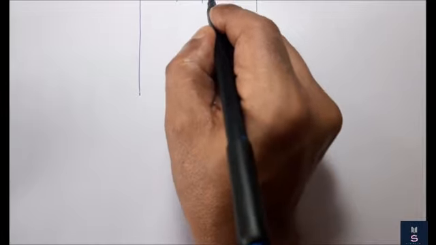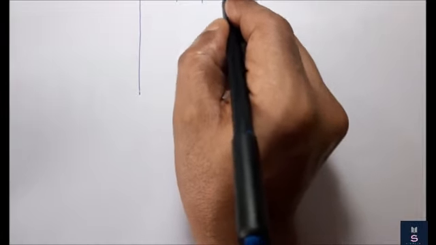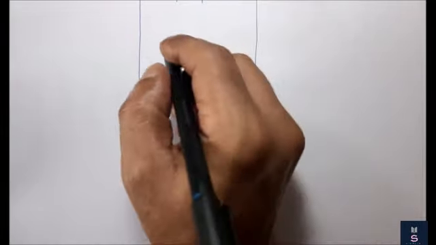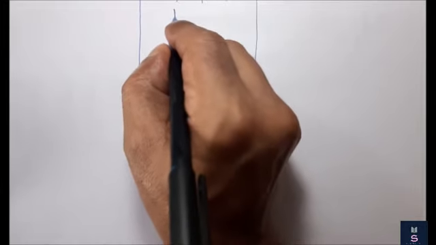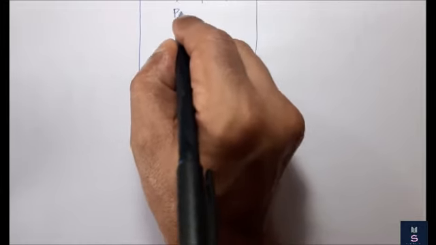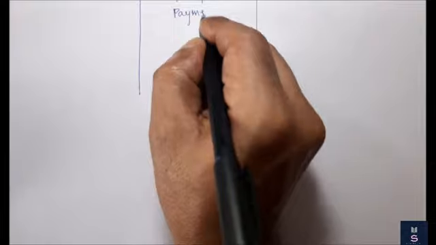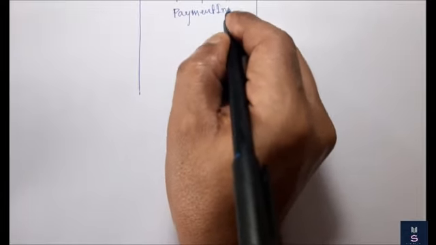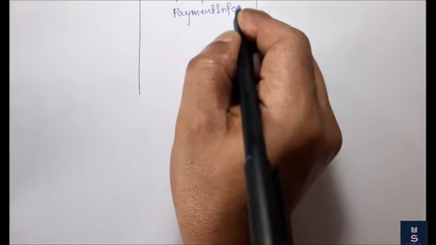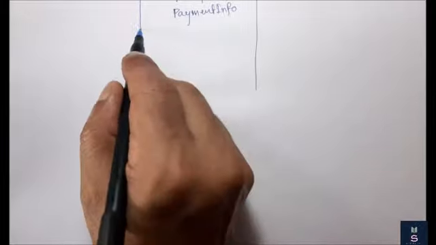So when we write this one, we can understand it is not a class, it is an interface. For example, the interface name is PaymentInfo. So this is the name of the interface.